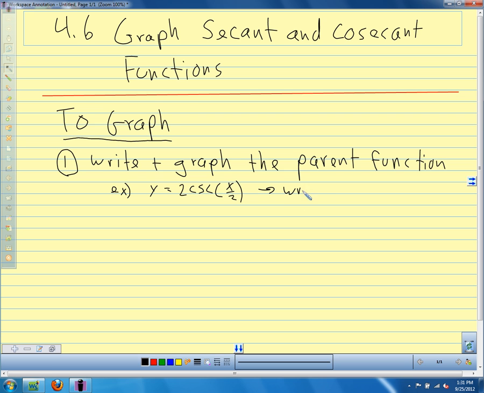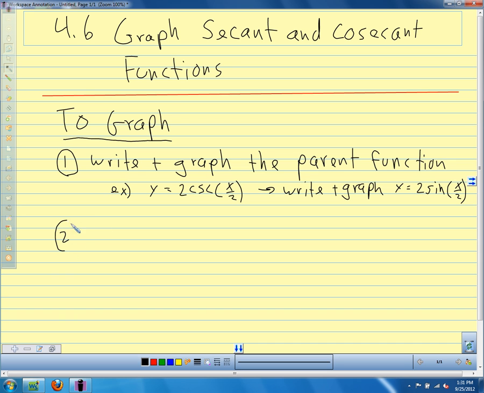I want to write plus graph y equals 2 sine x over 2. So this is what I mean by write and graph. I want to rewrite our function just looking at the parent function, and then I'm going to graph this parent function. We already have everything we need to know to graph this parent function. We know how to graph sine functions, we know how to graph cosine functions.